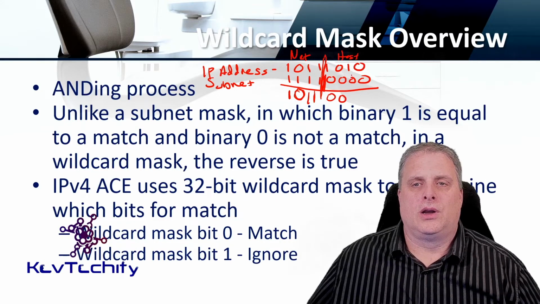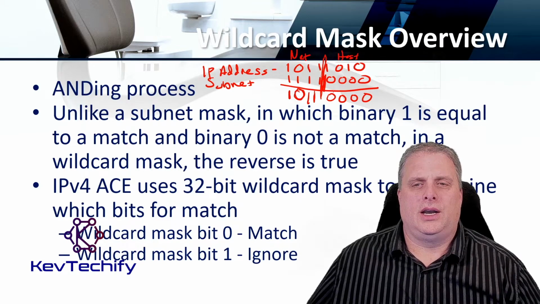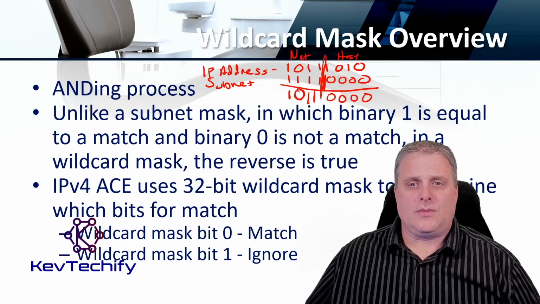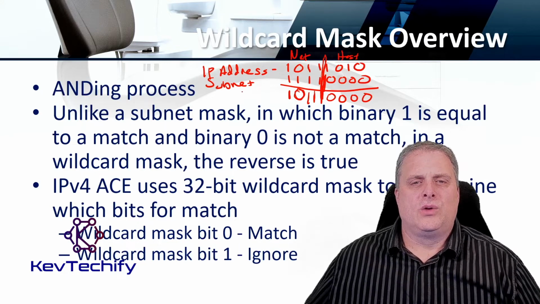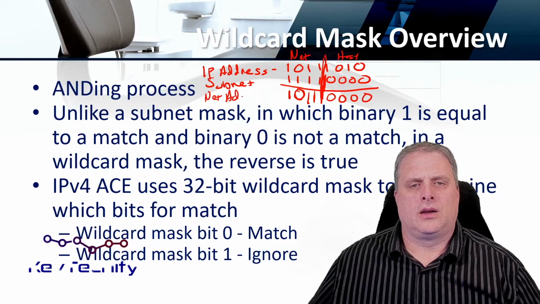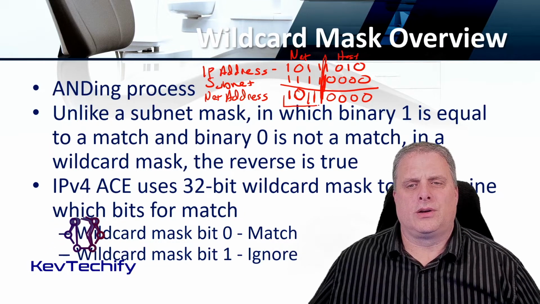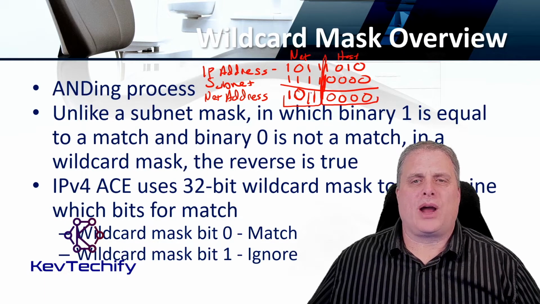Definitely a 0. Anywhere there's a 0 here, it's going to be a 0. And what this gave us here was our network address. The network portion followed by all zeros. And that was the ANDing process.